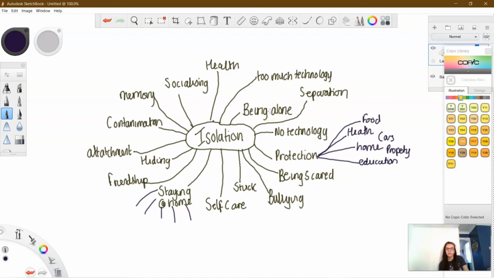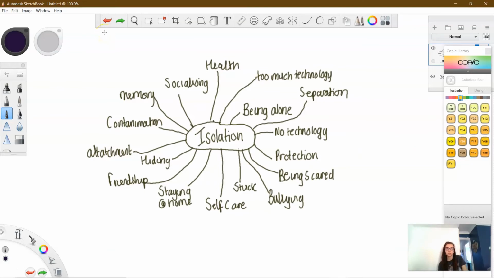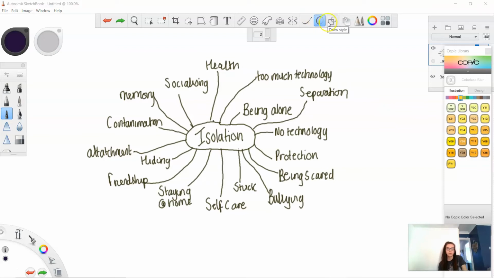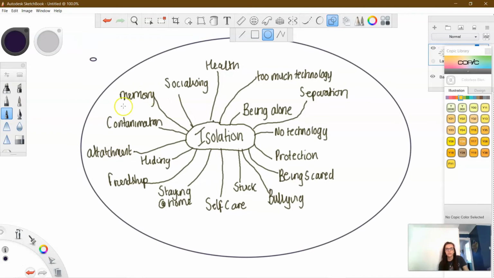Okay, so this initial thought process of coming up with lots of different words that associate with that context is that first stage that you're going to go through to actually help you in deciding, well, what exactly is it that I am going to design? So this here becomes our first step.